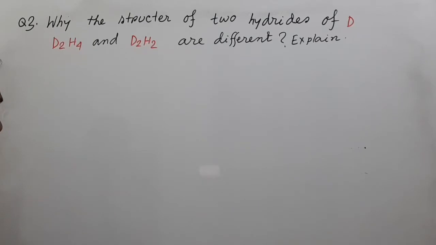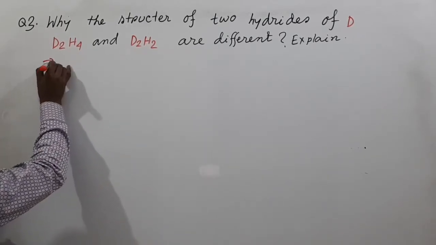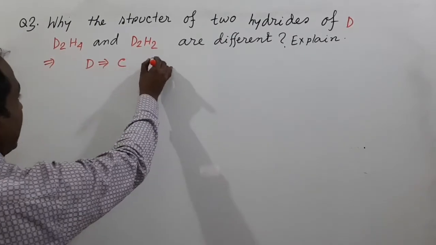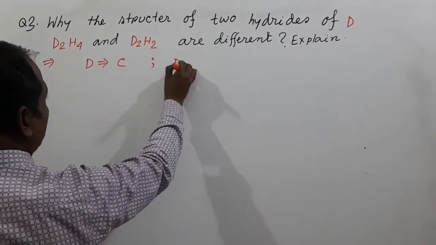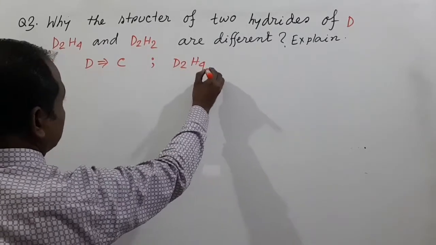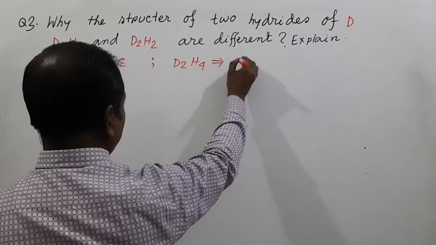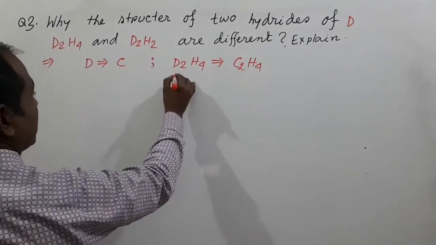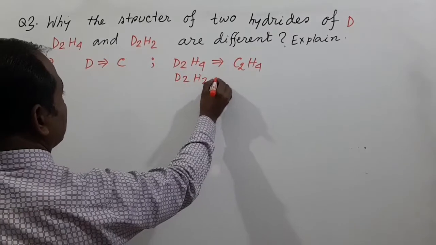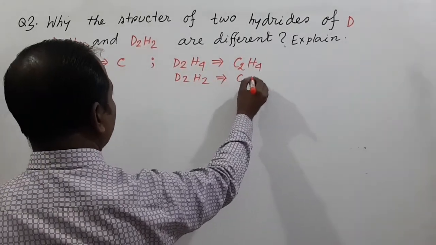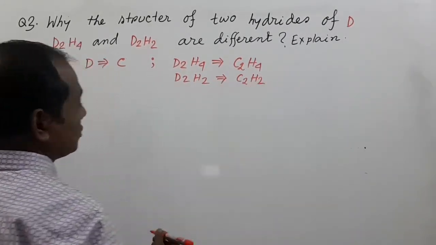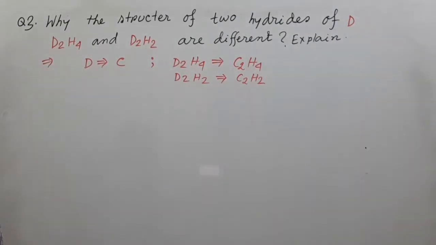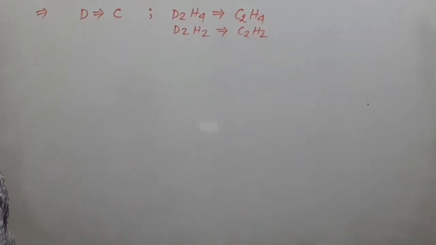My dear students, according to the stem, we can say that D represents carbon, and that's why D2H4 is C2H4, that is ethene, and D2H2 is C2H2, that is ethyne. Now my dear students, we discuss the structure of ethene first.